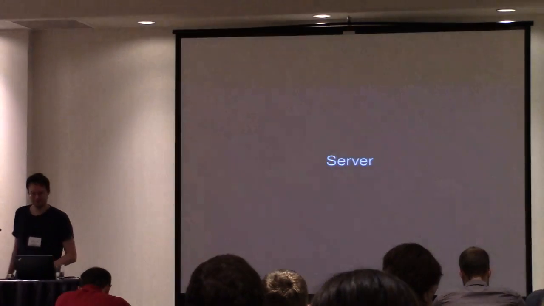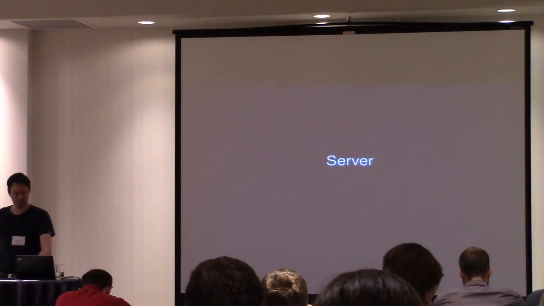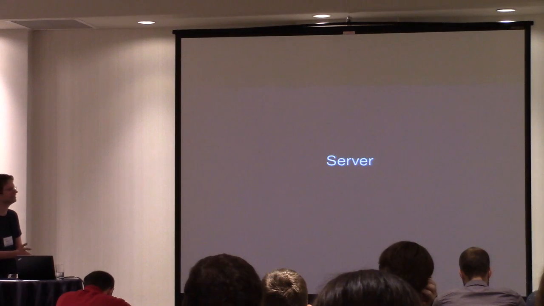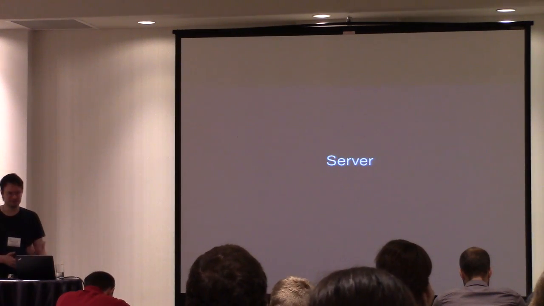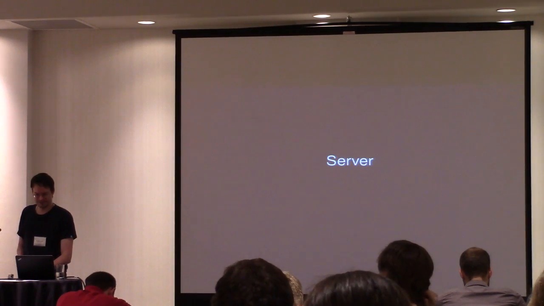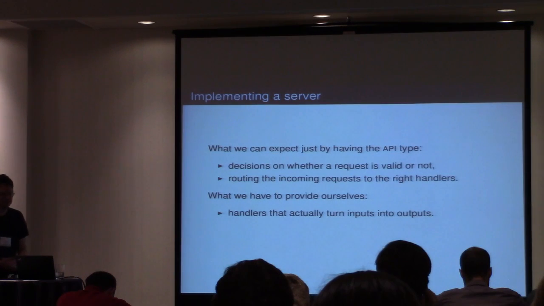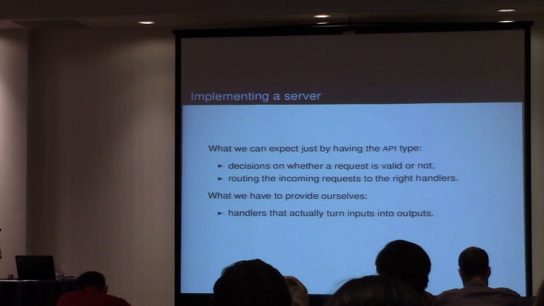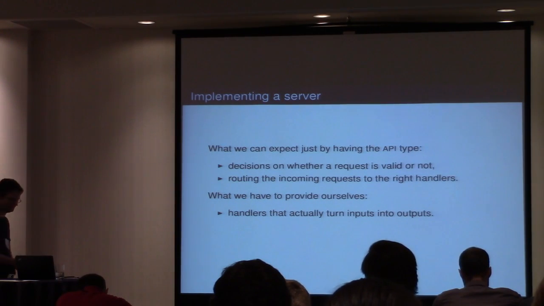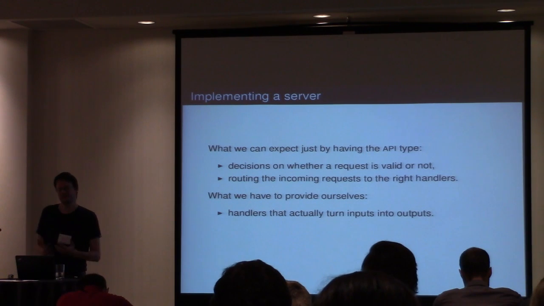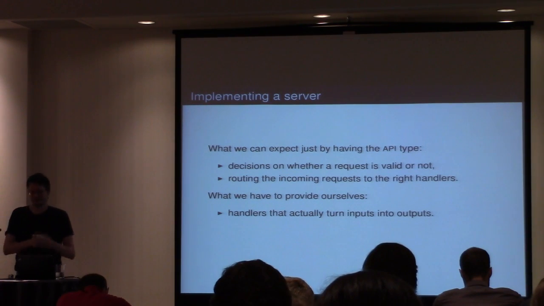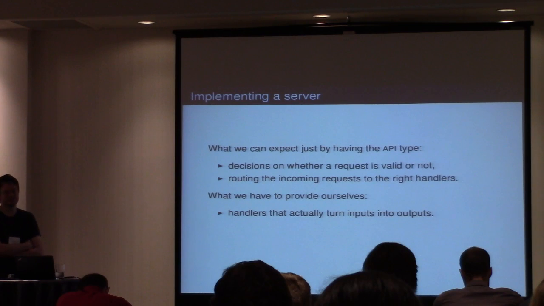Okay, so let's look at probably the most interesting interpretation that Servant offers, that is to interpret an API as a server. So if we just look at the type, then what can we reasonably expect the code to do for free for us?